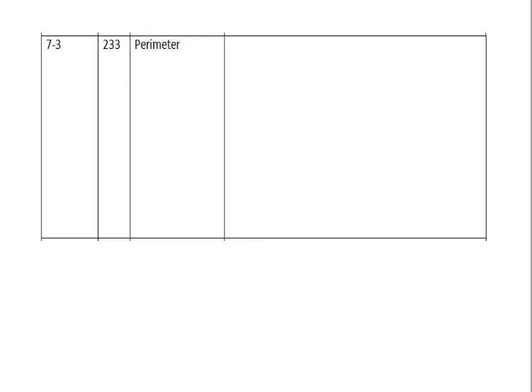Find perimeter in your green packet. So, perimeter, something you've learned a long time ago. Perimeter is the distance around an object.